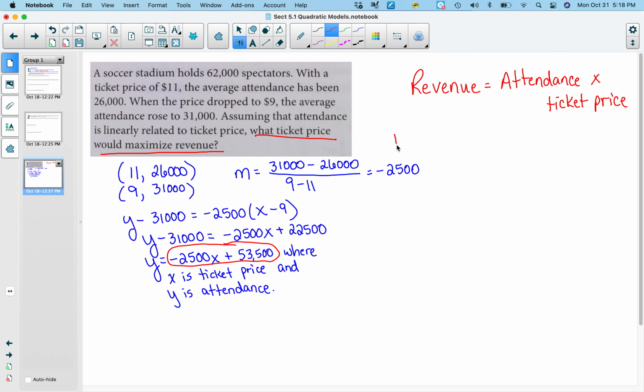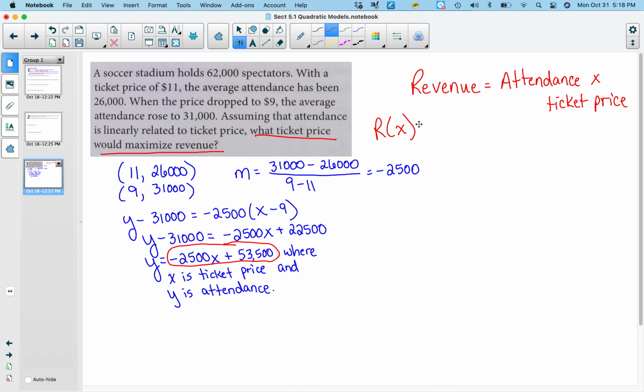So if we want to talk about revenue, I'm going to call this R of X for revenue.